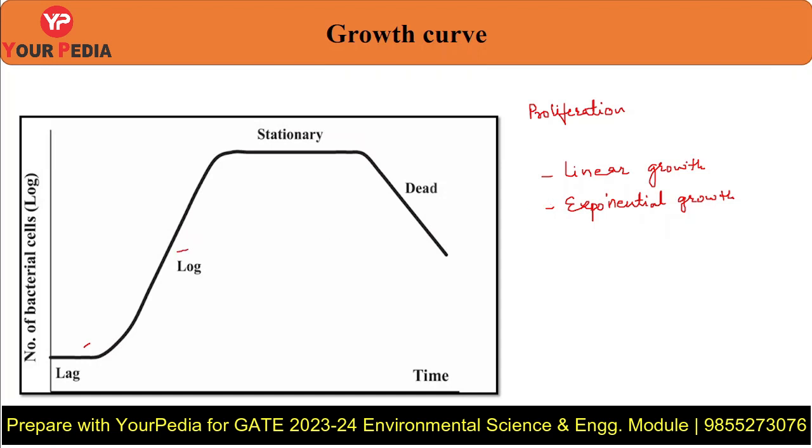So for linear growth, let's define a few terms here. Let n be the increase of cell concentration.